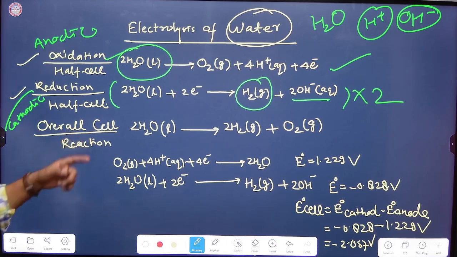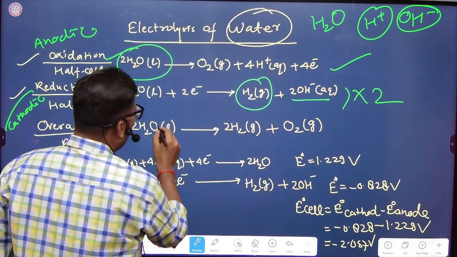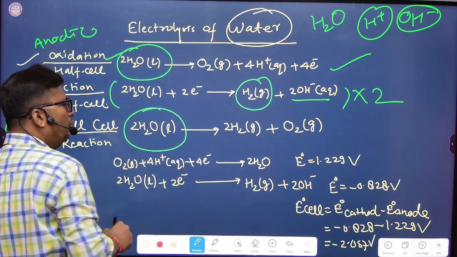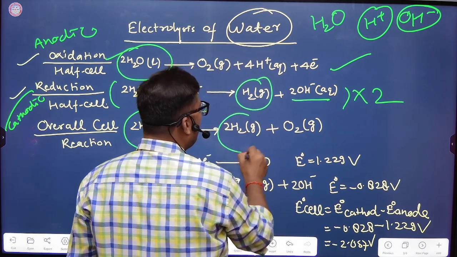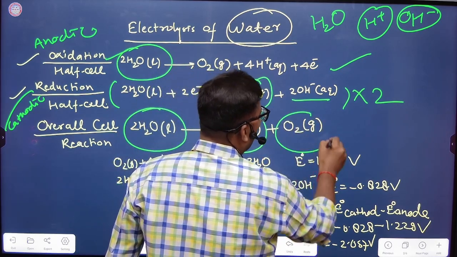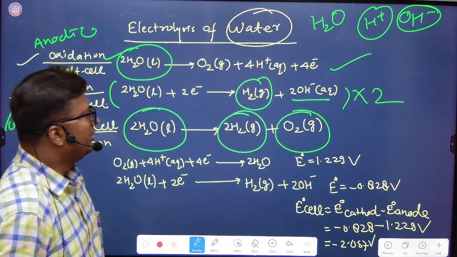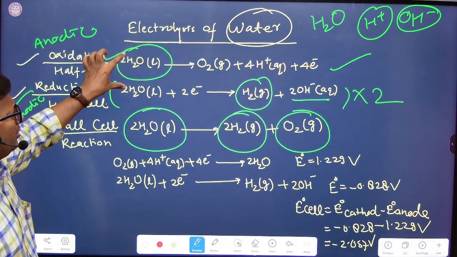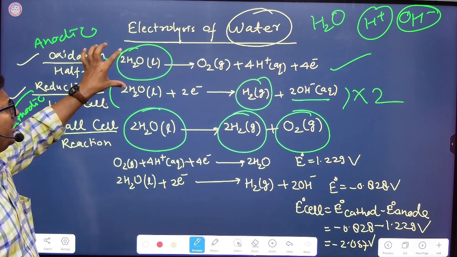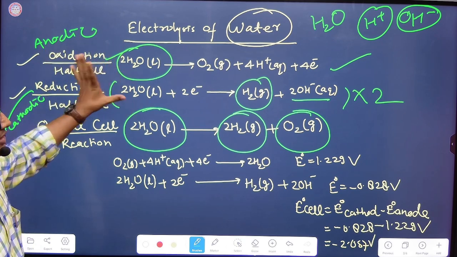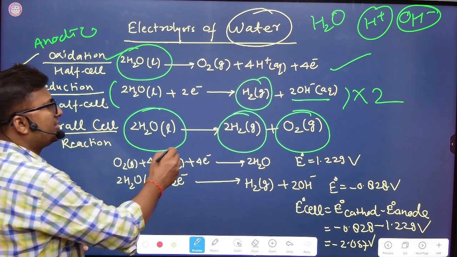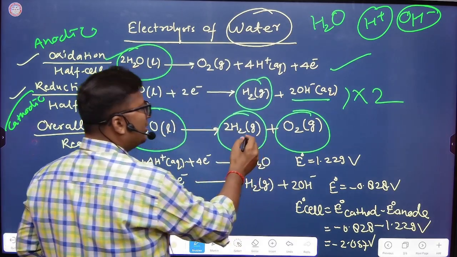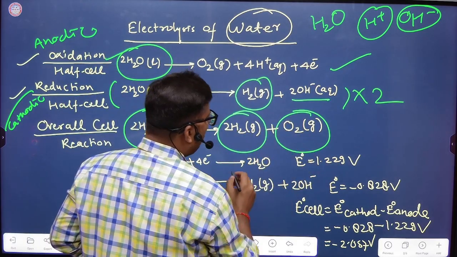And the overall cell reaction is that 2 mole H2O is converted back to 2 mole hydrogen gas and 1 mole of oxygen gas. So through the combination or coupling of these two half cell reactions, the overall cell reaction gives hydrogen gas and oxygen gas.